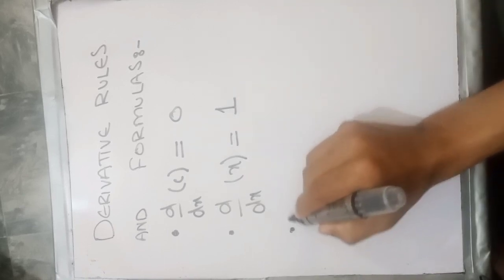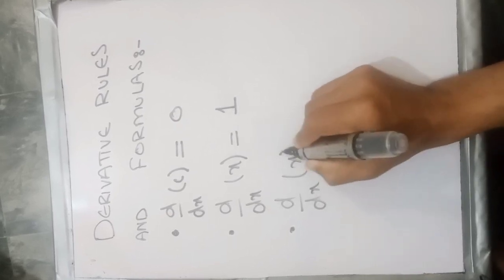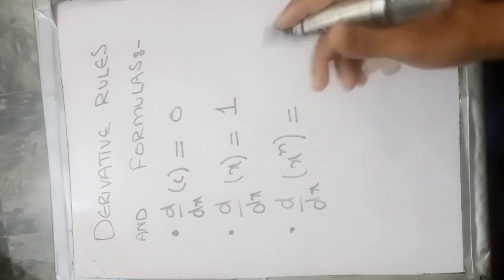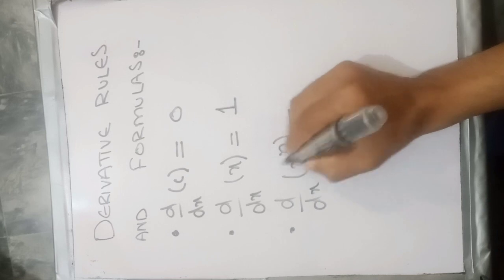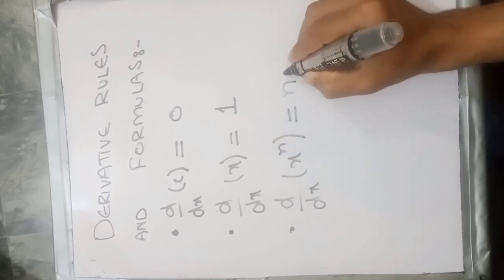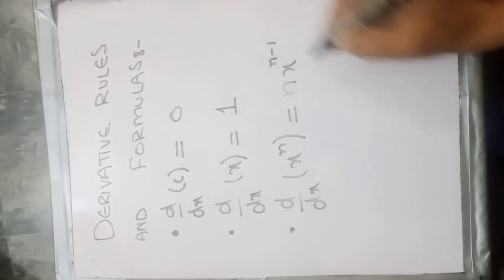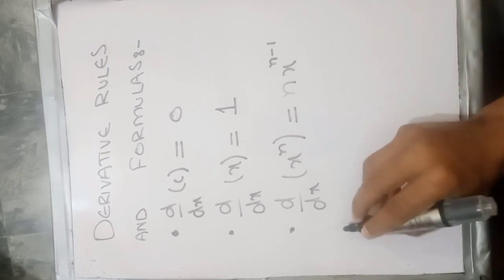And for the derivative of higher powers, for example an algebraic function or polynomial having degree n, what is the rule? n comes at the start, then reduce the power of x by 1, so that is the derivative of higher powers.